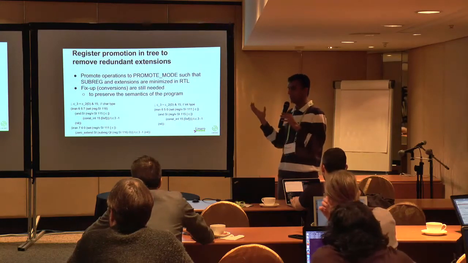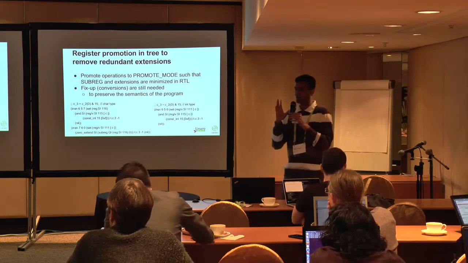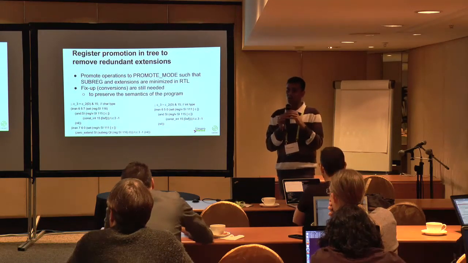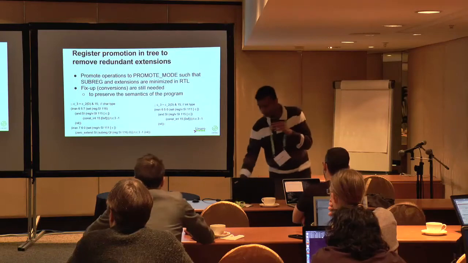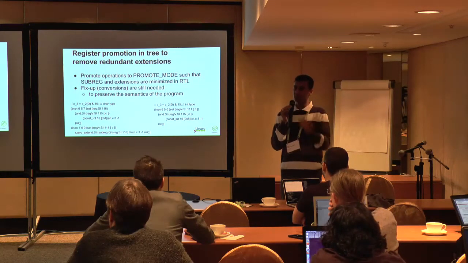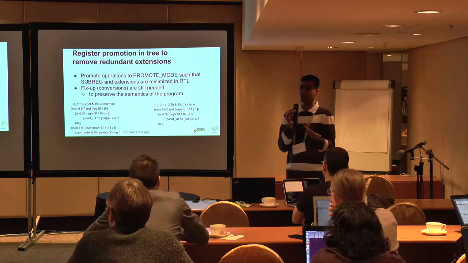Obviously it's not as simple as that, because when you change the operations to the promoted mode, you also have to make lots of fix-ups to preserve the semantics. Otherwise, your program is going to be wrong.